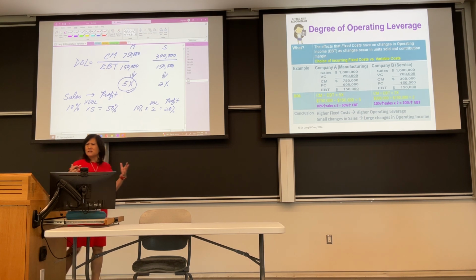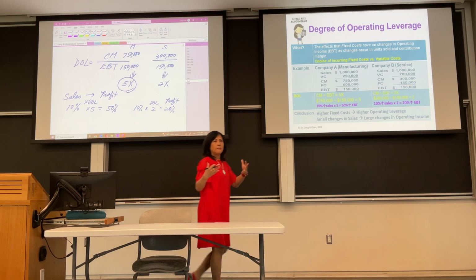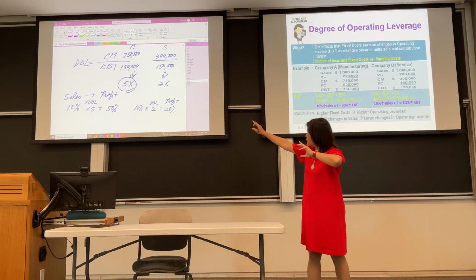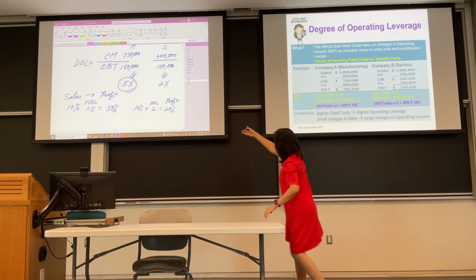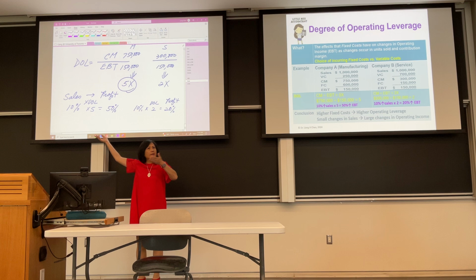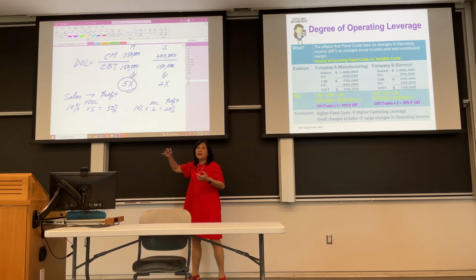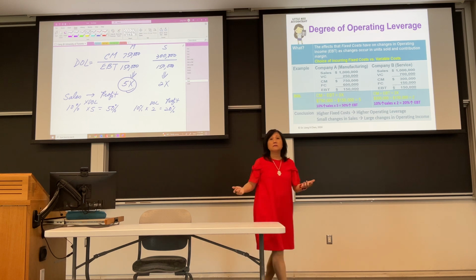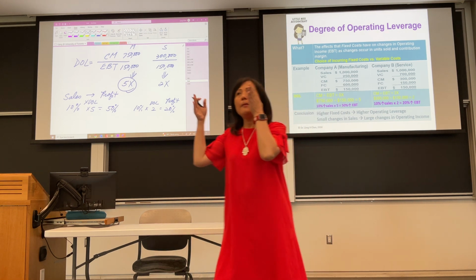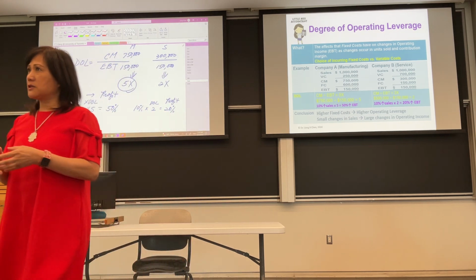So what does this all mean? Sales go up just 10%. How come the profit is not a 10% increase? Why is it 50% for one and 20% for the other? This is because a portion of the cost is fixed cost.